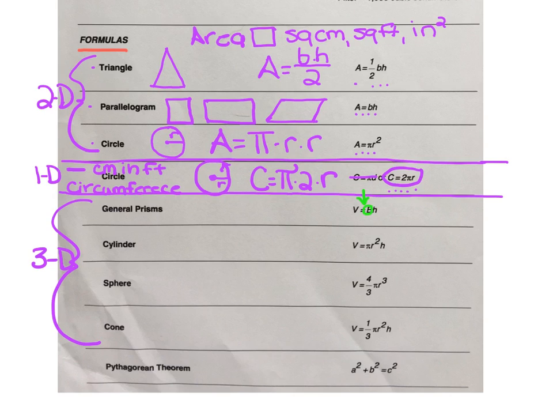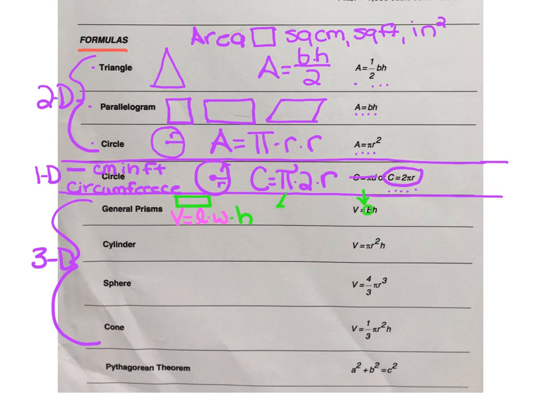We know that big B represents the area of the base. If I have a rectangular prism or a rectangular base, we know we're going to use, for big B, length times width, and then of course the H is a part of the formula.